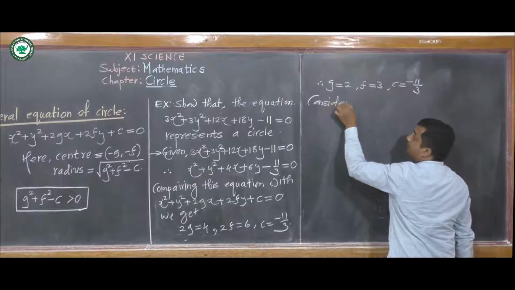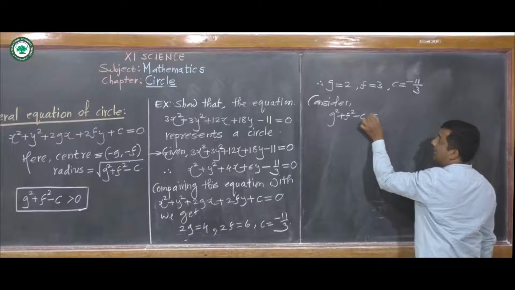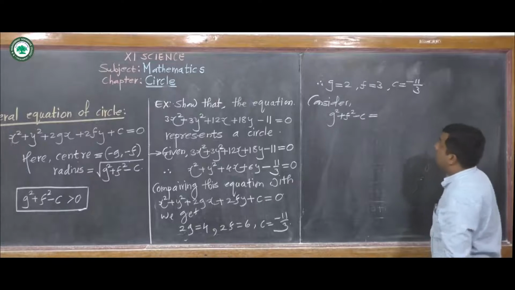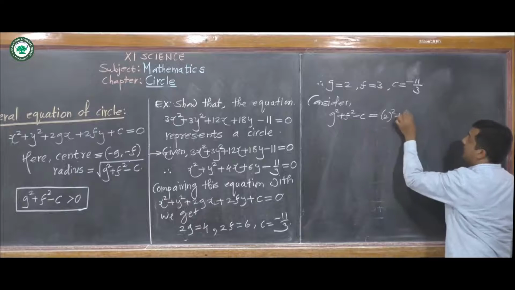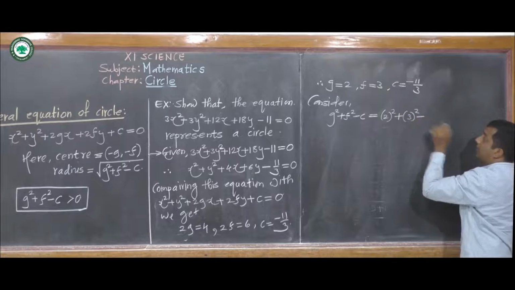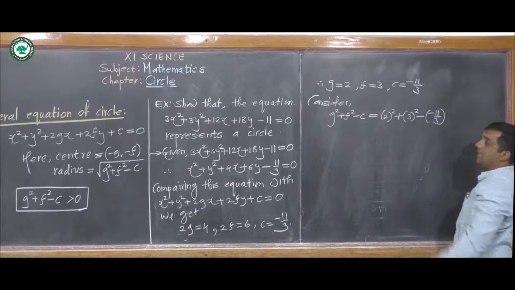Consider g square plus f square minus c. Here g is 2, so 2 square, plus f is 3, so 3 square, minus c is minus 11 upon 3.